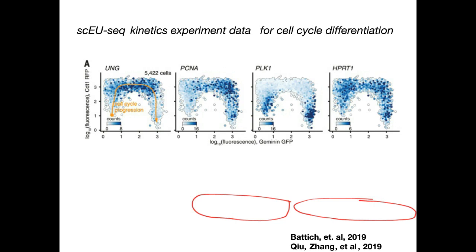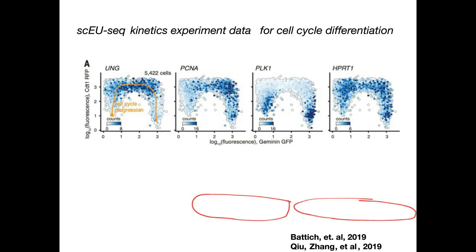The experiment design for this data set is actually quite smart. They use two fluorescent reporters, GFP and mCherry, to stage each cell. And orthogonally, they also perform a kinetics experiment.